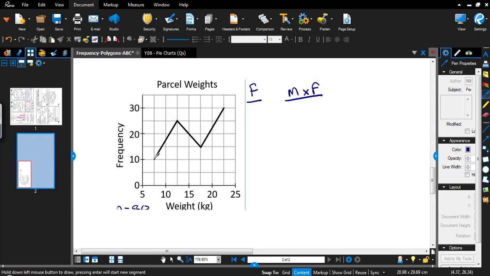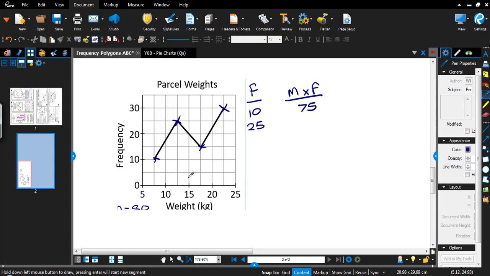So here we have this point with this point with this point and with this point. Here the frequency is 10 clearly, and the mid is 7.5, so m times f is going to be 75. Here the frequency is 25 and the midpoint is 12.5, because we have 10 here and then 15 over here.